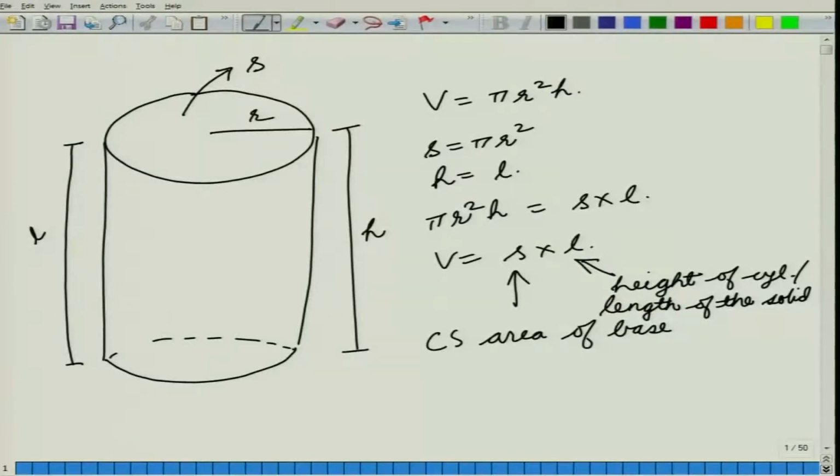Now, let us take a section of this cylinder at this point. We have removed the top portion and we are now considering this section. This part of the cylinder is left.